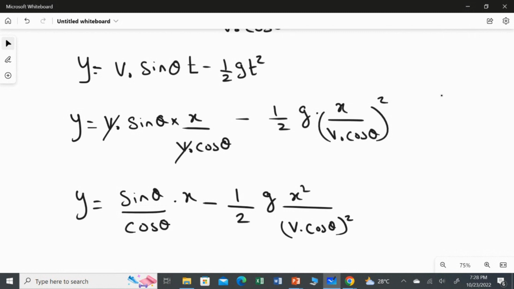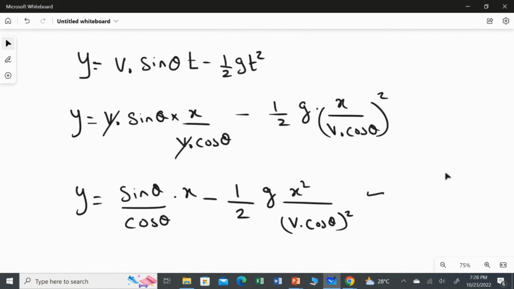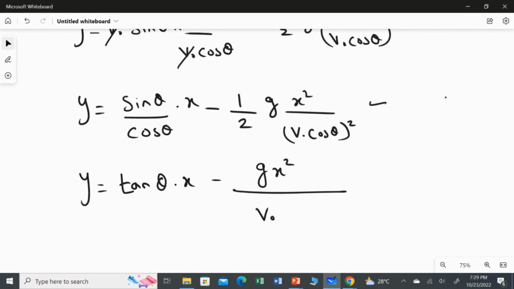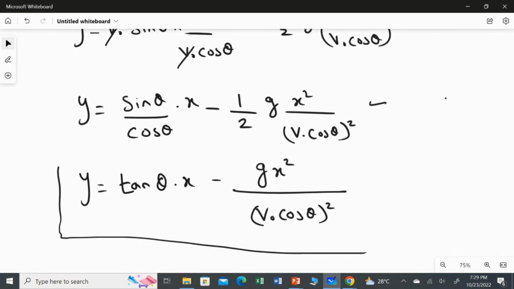Based on the trigonometric concept, sine theta over cosine theta is nothing but tan theta. Therefore y is equal to tan theta multiplied by x minus, in the numerator we have g x square, over v naught cosine theta the whole square, which is nothing but the equation for the parabolic trajectory.